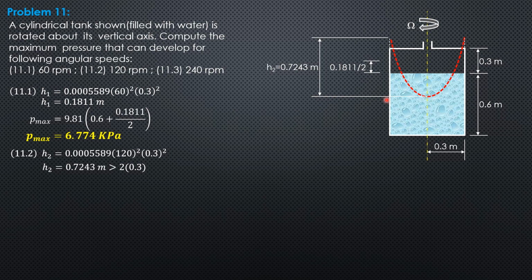So the formula is square root of 2kh in general, where h is 0.7243 and k is the empty depth of the tank, which is 0.3. You can look at the derivation there. I'll call that y2. That formula for y2, or y in general, is square root of 2kh. So substitute square root of 2 times 0.3 times 0.7243. So y2 is 0.6592 meters.